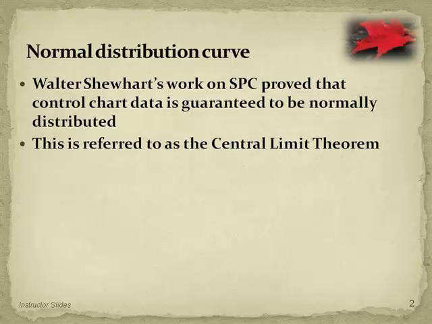In other words, a normal distribution curve. And this is sometimes referred to as the central limit theorem, which says that all the data is guaranteed to be a normal distribution. So let's talk a little bit about the normal distribution curve.